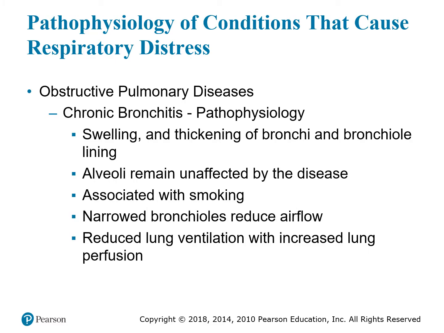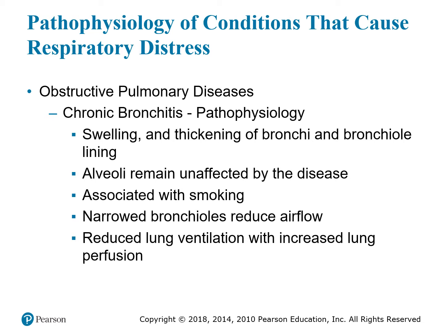The other branch within COPD is chronic bronchitis, and that is when you have the chronic swelling and thickening of the bronchi and bronchial linings. This is usually associated with smoking, and we have a lot of damage to the bronchi and bronchioles where they're always producing mucus, they're always inflamed.